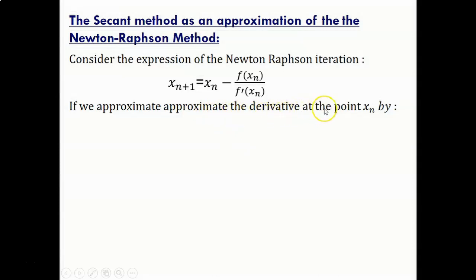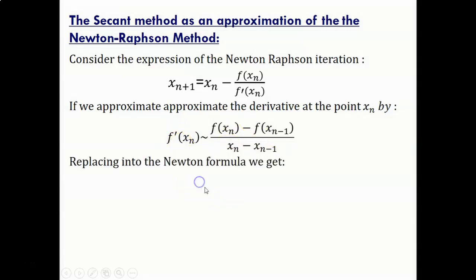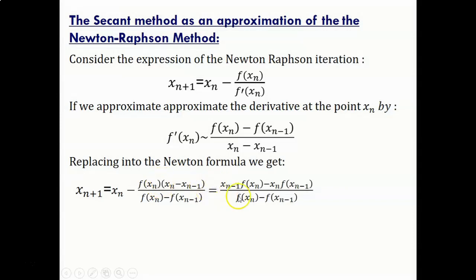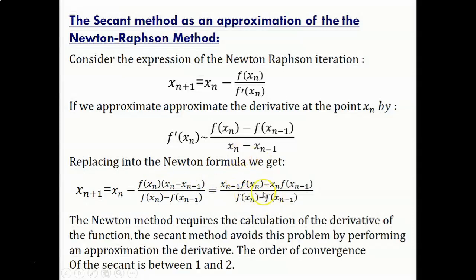Now if we approximate the derivative at the point xn by f prime of xn approximately equal to f of xn minus f of xn-1 divided by xn minus xn-1, which is the slope of the line passing through xn and xn-1. This is also called the finite difference approximation of f prime.